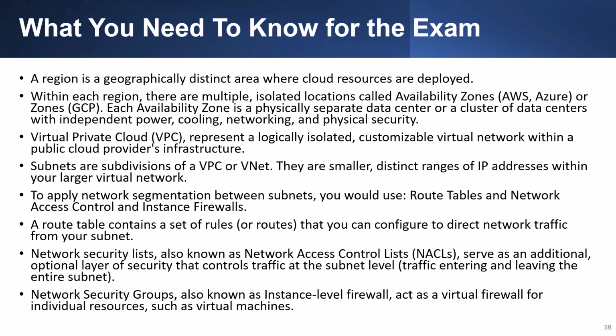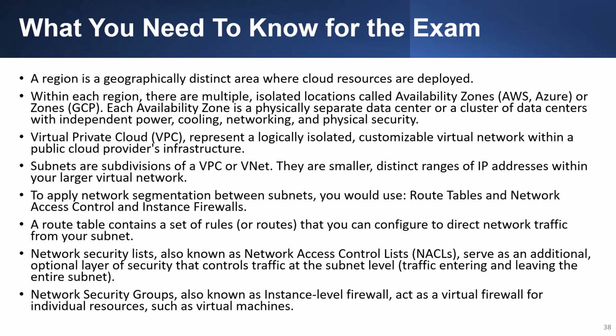Subnets are subdivisions of a VPC or VNet. They are smaller, distinct ranges of IP addresses within your larger virtual network. To apply network segmentation between subnets, you would use route tables and network access control and instance firewalls. A route table contains a set of rules or routes that you can configure to direct network traffic from your subnet.